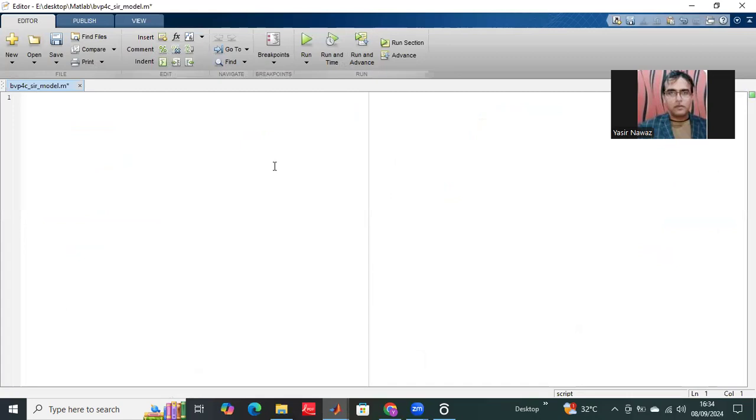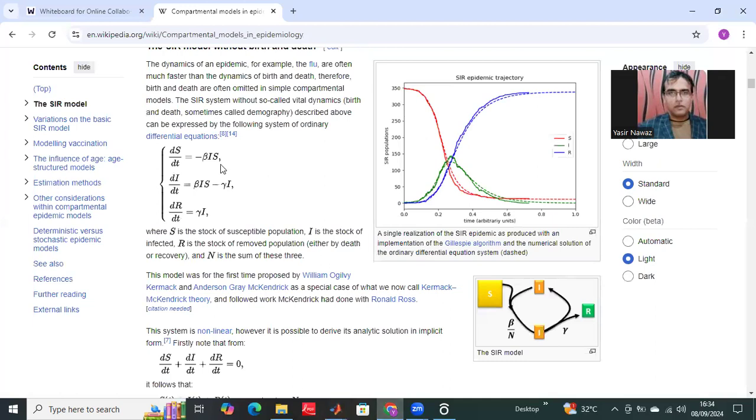coding. I will write clc to clear the screen, and then clear all to clear memory. Because the SIR model contains two parameters, beta and gamma, I will specify the values of beta and gamma.